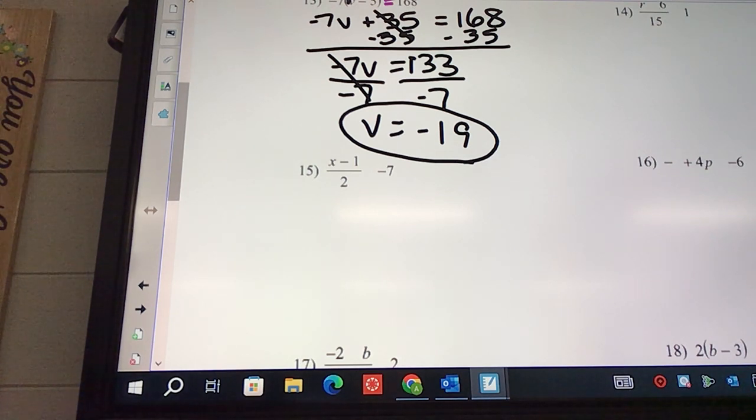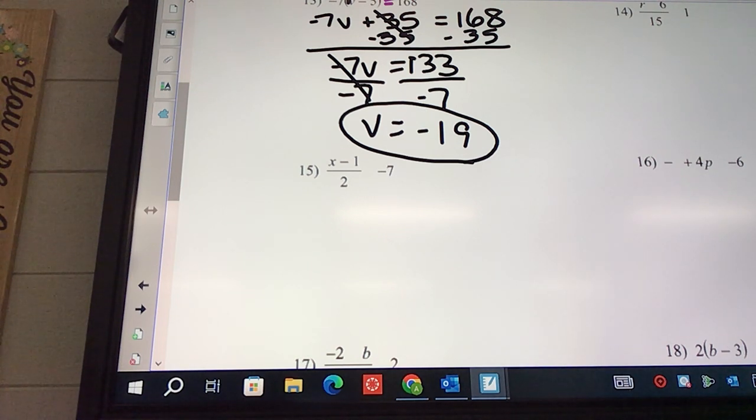Okay, 15. What needs done first? The bottom number, okay? So how do we move that? Okay, if you don't know, flip over your page, look at the other one.